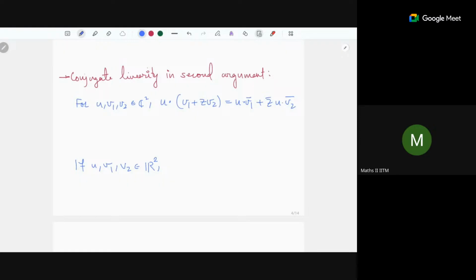If you take u dot (v1 plus z v2), using conjugate symmetry, you will get this is equal to the whole bar of (v1 plus z v2) dot u. Now, the conjugate of this whole expression.